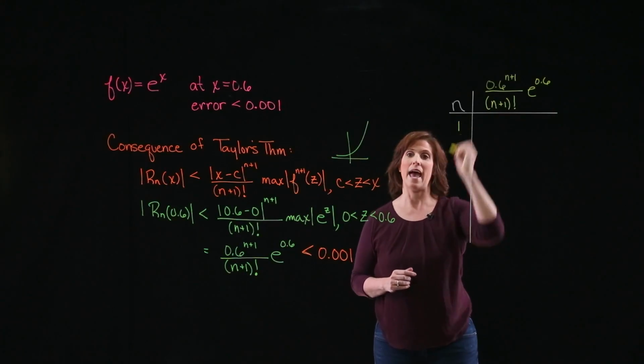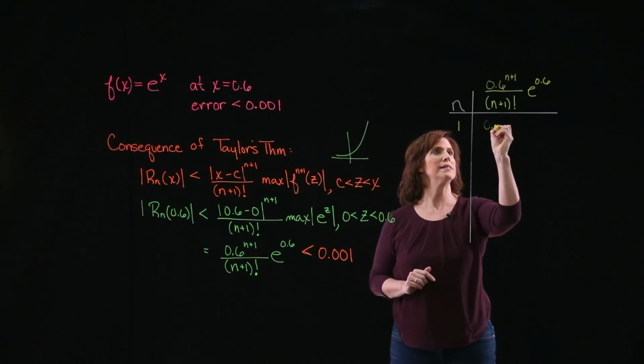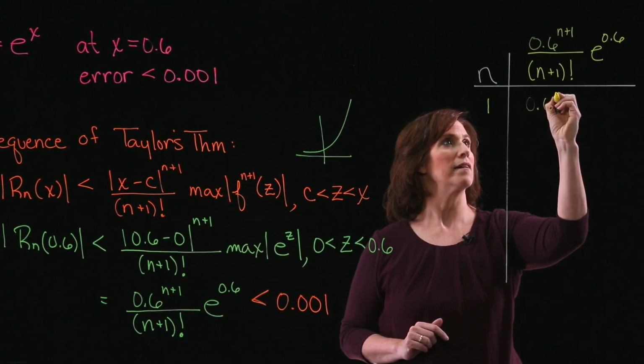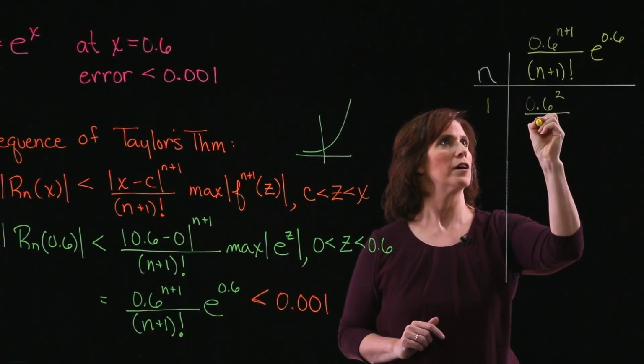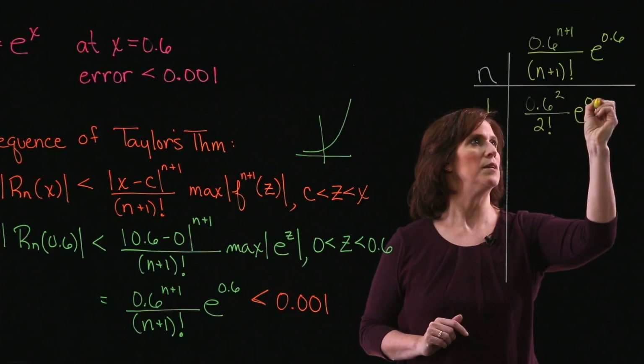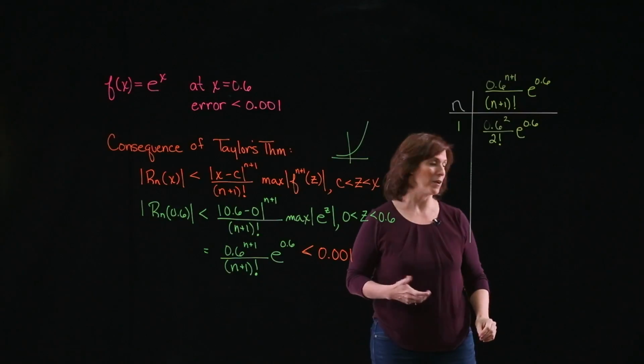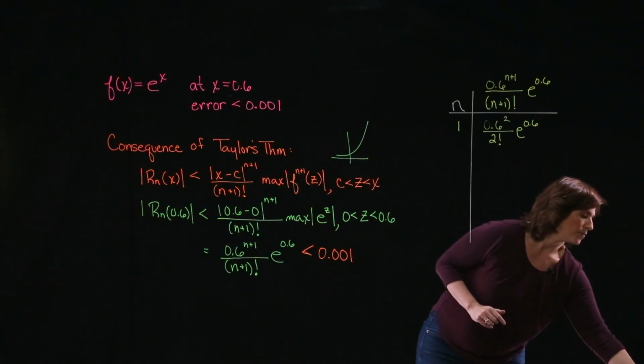Let's begin by letting n equal 1. If n equals 1, I'm going to have 0.6 squared all over 2 factorial times e to the 0.6. All right, I'm going to use my calculator to help me evaluate that.